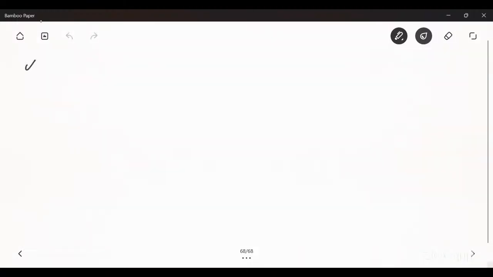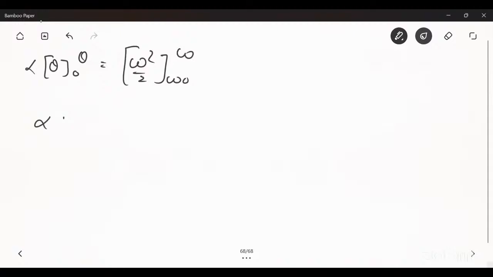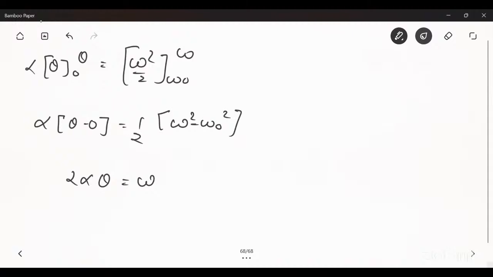So alpha theta minus 0 is equal to 1 upon 2 times (omega square minus omega naught square). So you will get 2 alpha theta equals omega square minus omega naught square. So omega square is equal to omega naught square plus 2 alpha theta, which is the third equation of rotational motion.